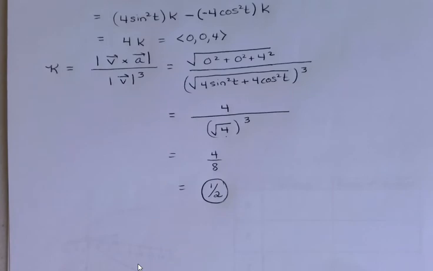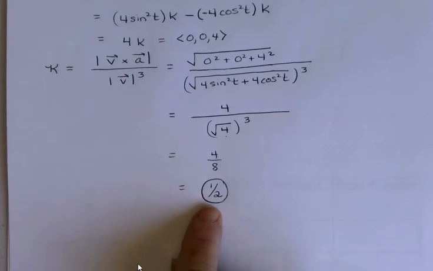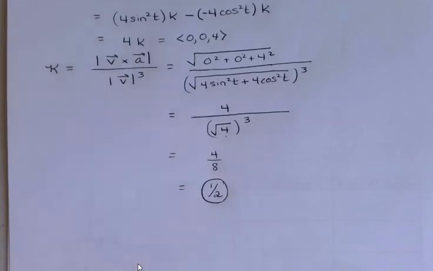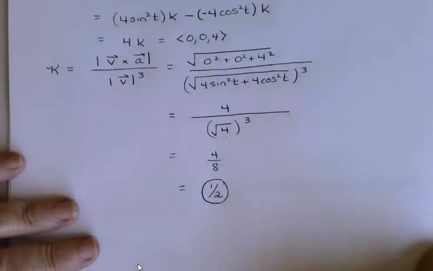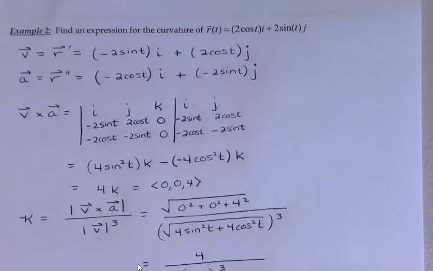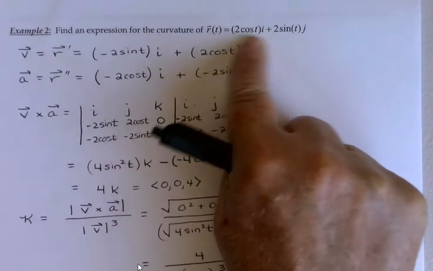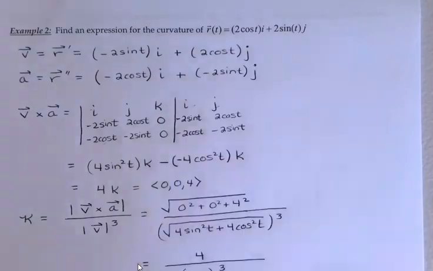Now, curvature won't always be constant. There's certainly plenty of curves that have different amounts of bend at different parts of them. But this one turned out to be a constant. And it makes sense if you think about the original curve, right? That's just a circle of radius 2.